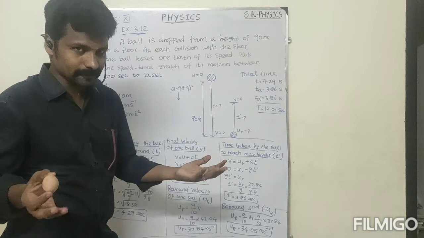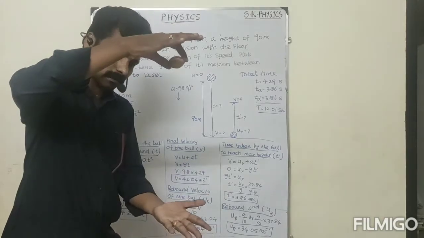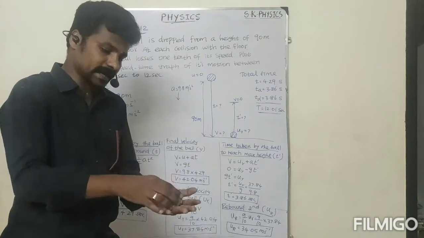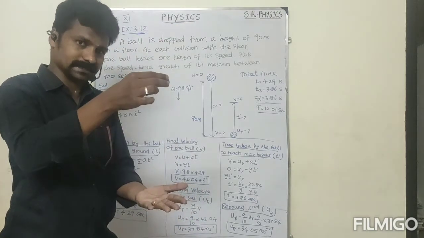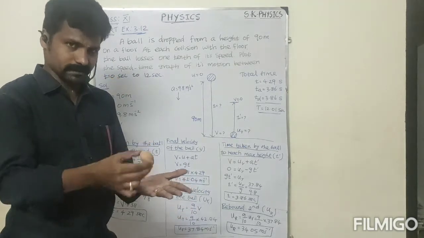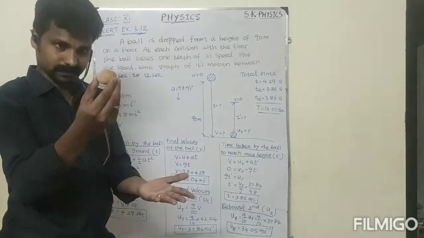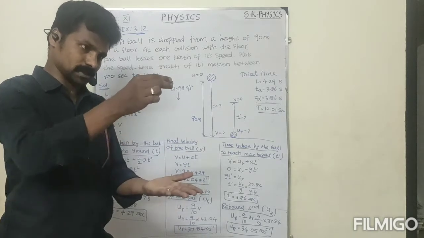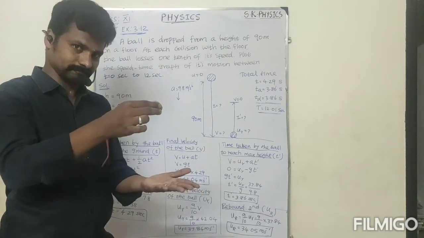For example, if I leave the ball from 1 meter height, again it will not come back to exactly 1 meter height. Depending upon the material, maybe it is about half meter height.